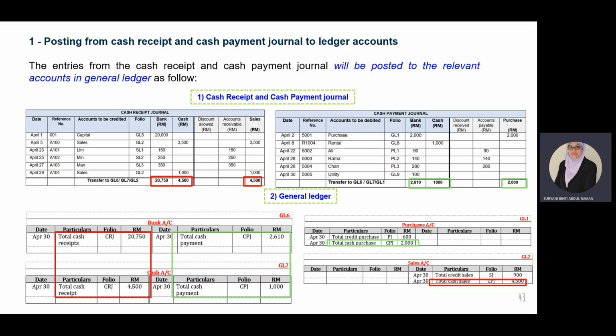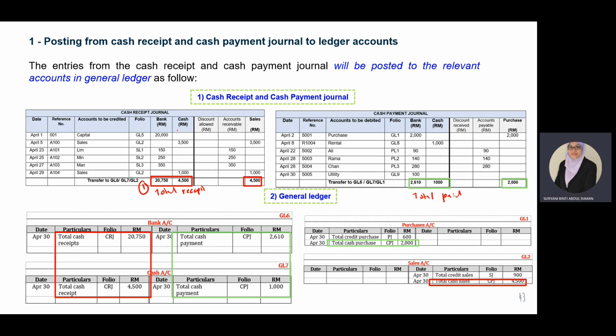So now we are going to show you how we post the transaction from journal to ledger. Okay, since we have many transactions here, first thing first, we are going to transfer the total receipt, and the total paid.